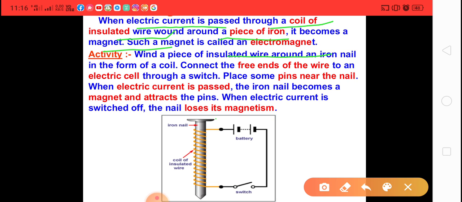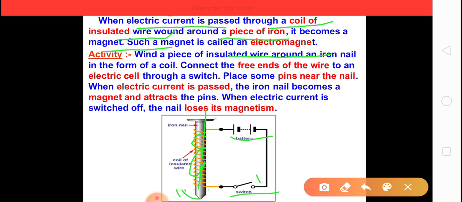Okay, here we have some activity. In this activity, children, you will see that we have a nail, a coil of insulated wire around the nail, a battery and a switch. We will also put some pins near the nail.